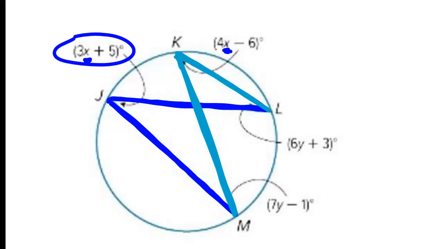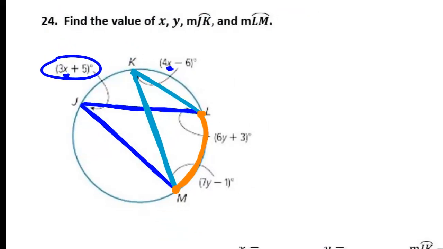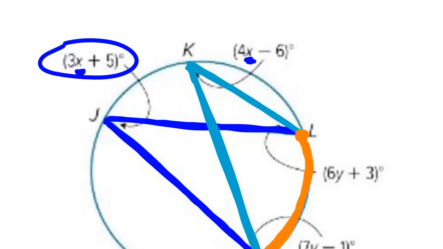Notice that they both intercept arc LM. Their endpoints are at L and M for both angles. If two inscribed angles intercept the exact same arc, what does that mean about those angles? They are congruent.